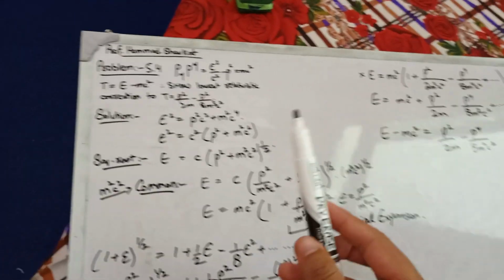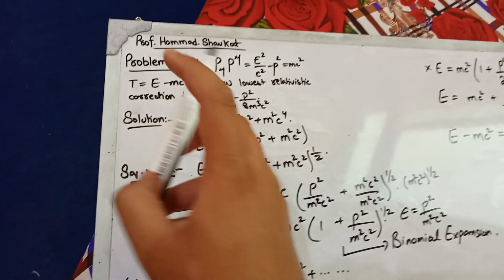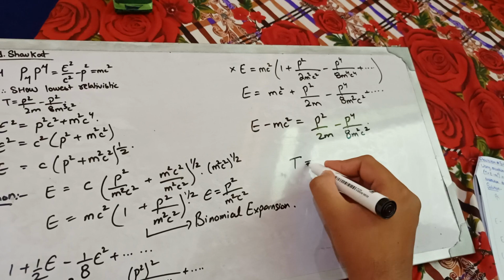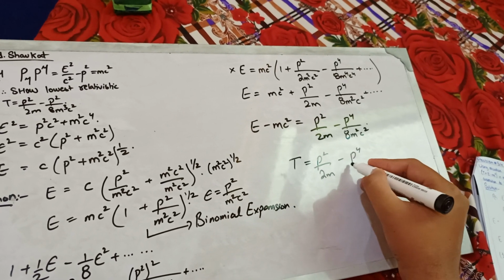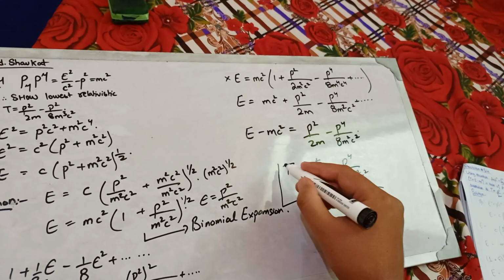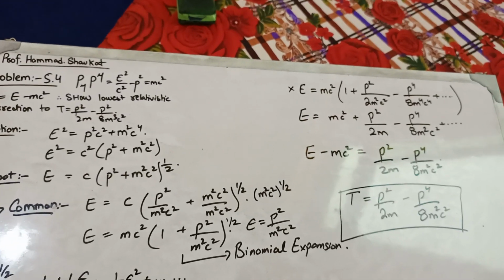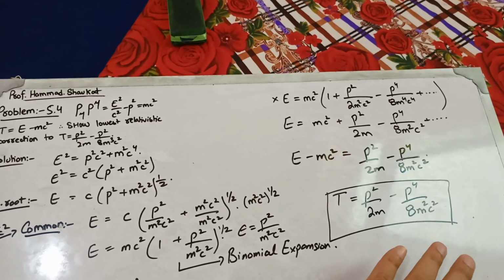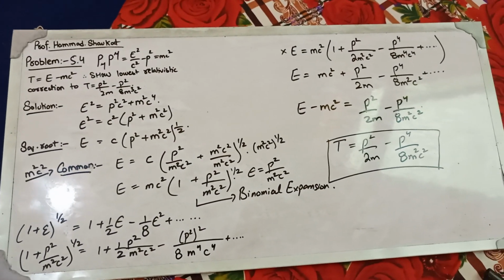As mentioned in the question, E minus mc² is basically the kinetic energy term T. So T equals p²/2m minus p⁴ divided by 8m³c². This is your result for the kinetic energy, which is the lowest order relativistic correction to our kinetic energy term for this problem. That's all for this problem.